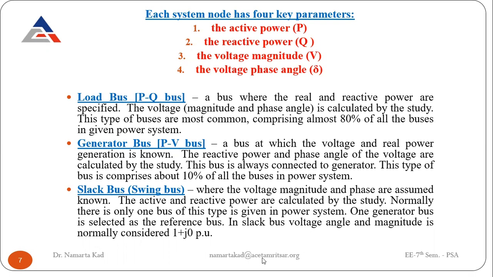So that is the swing bus, and in general the swing bus is actually a generator bus. Out of all the generator buses present in the system, any one generator bus is selected as the swing bus, or reference bus, also called the slack bus.